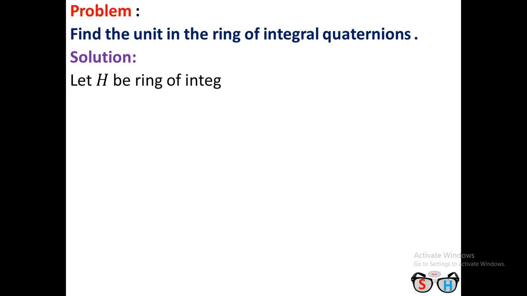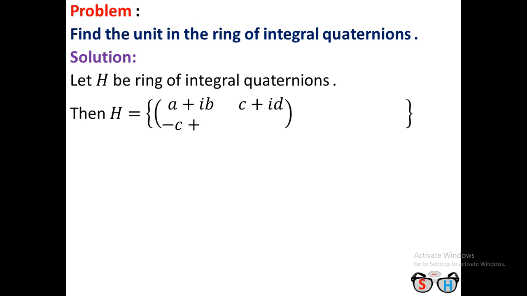Suppose H is the ring of integral quaternions. Then the elements in H are 2 by 2 matrices of complex numbers, of the form A plus IB, and the elements in the opposite diagonal side are the complex conjugates. That is, the two complex numbers have the same real part, but the imaginary parts differ in sign.